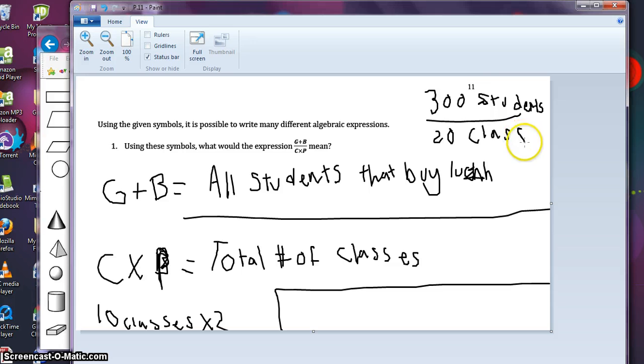Well, if I take the number of students and divide it by the number of classes, I divide the kids into classes, and we're going to find out how many students on average are in each class.